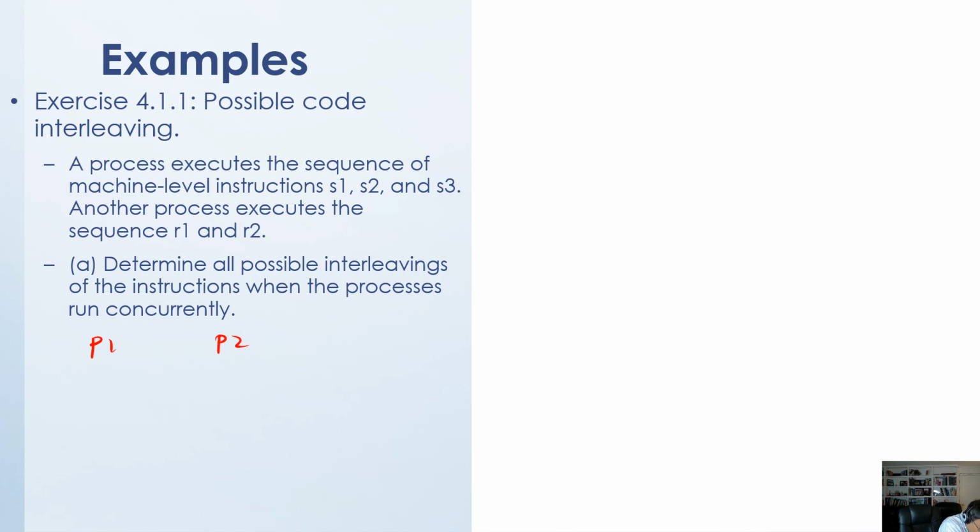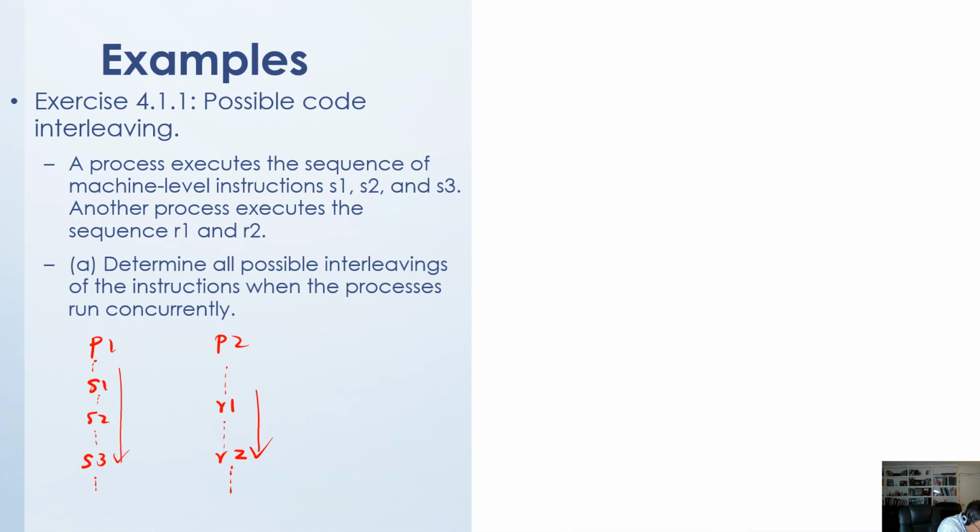Process 1 is going to execute a sequence of machine level instructions: S1, S2, S3. Process 2 is going to execute some machine level instructions R1 and R2. That's the sequence S1, S2, S3 in process 1, and the sequence R1, R2 in process 2.